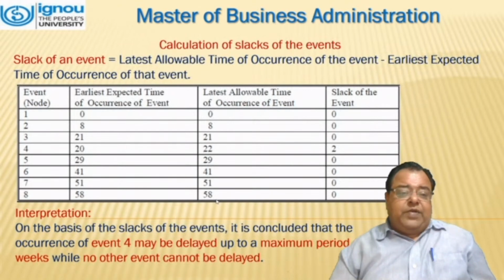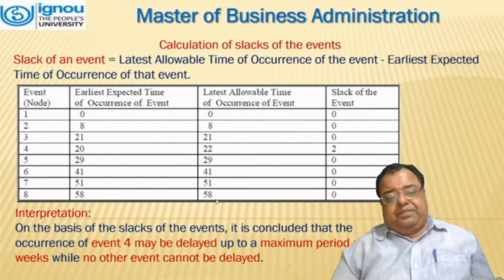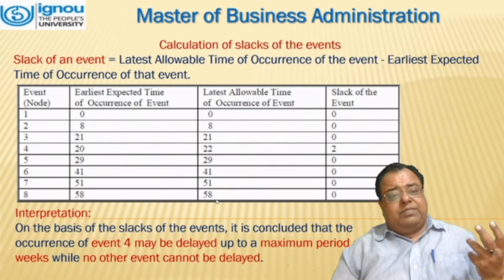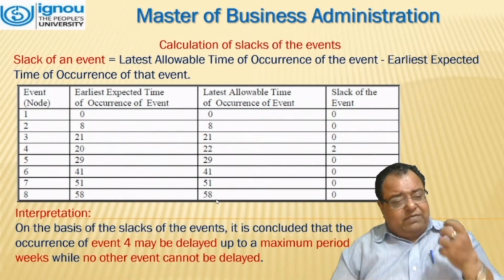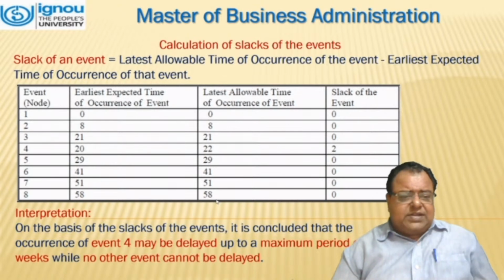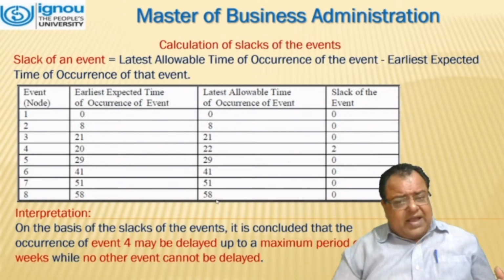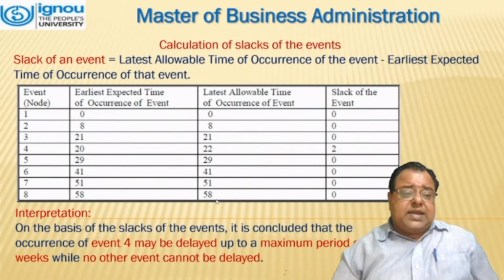Now, we take up another problem, which is how to calculate the slack of the events. Slack of an event is the latest allowable time of occurrence of the event minus the earliest expected time of occurrence of that event.